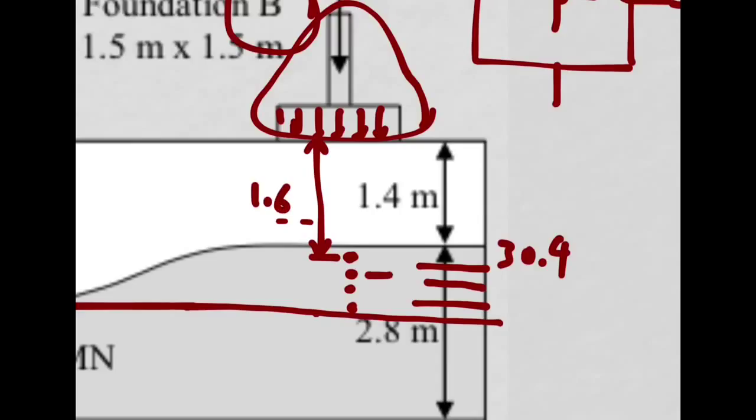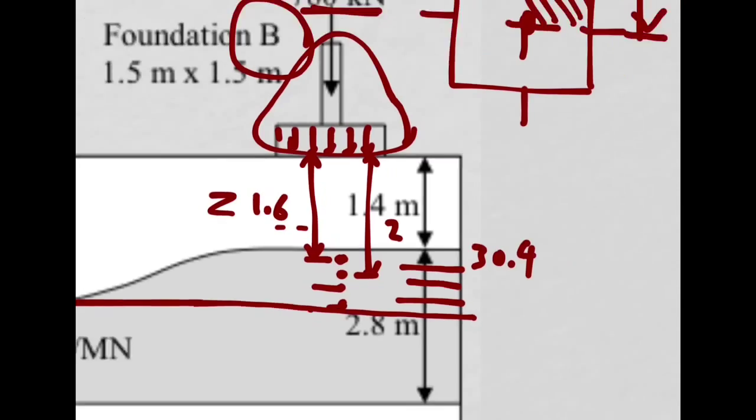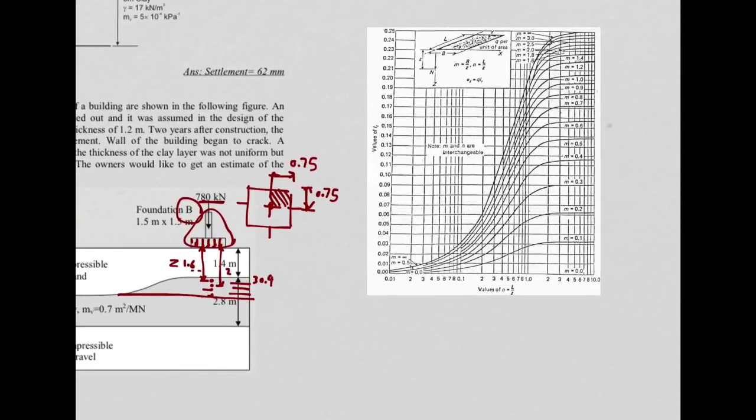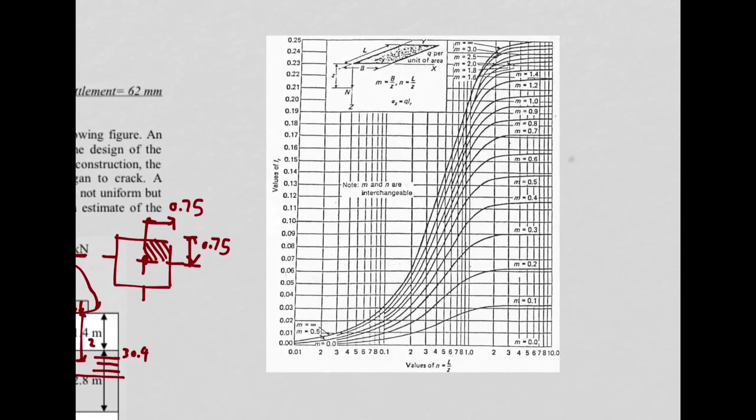What about the second one? The second one here is 1.4 plus 0.4 plus 0.2. So it will be 2 meters, and so on for here and here. So this will be the Z. And you still remember that we have this influence factor chart.